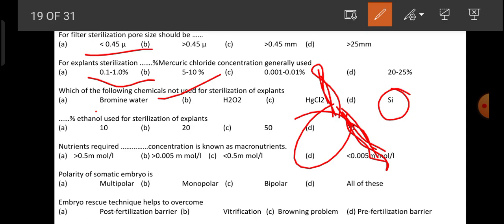Whereas for post-fertilization, failure of zygote development, hybrid sterility, and hybrid breakdown in F2 or later stages are the main reasons. So for that, embryo rescue technique is used as a post-fertilization barrier.